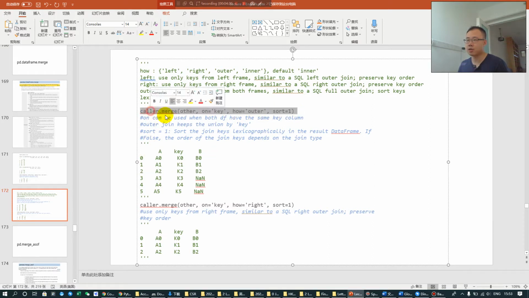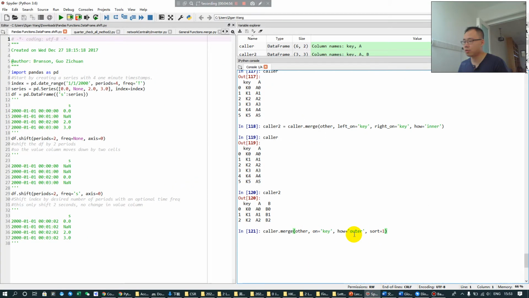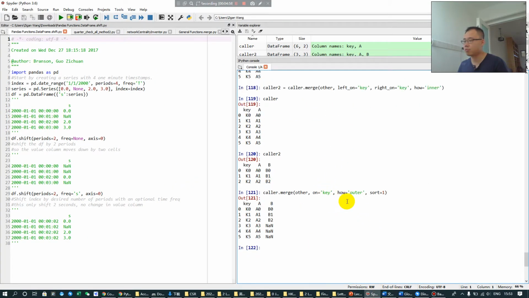Then sort equals 1, assigning 1 value, means it sorts the join keys lexicographically in the result data frame. You don't have to have the sort now, I think.